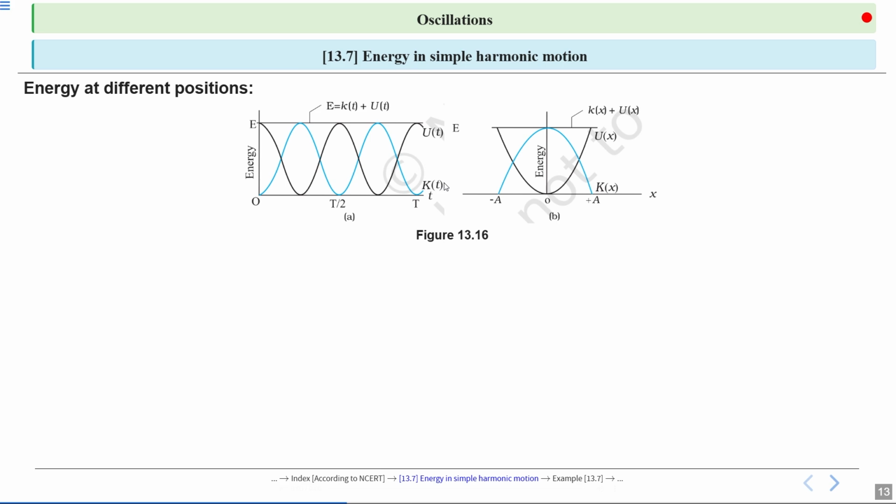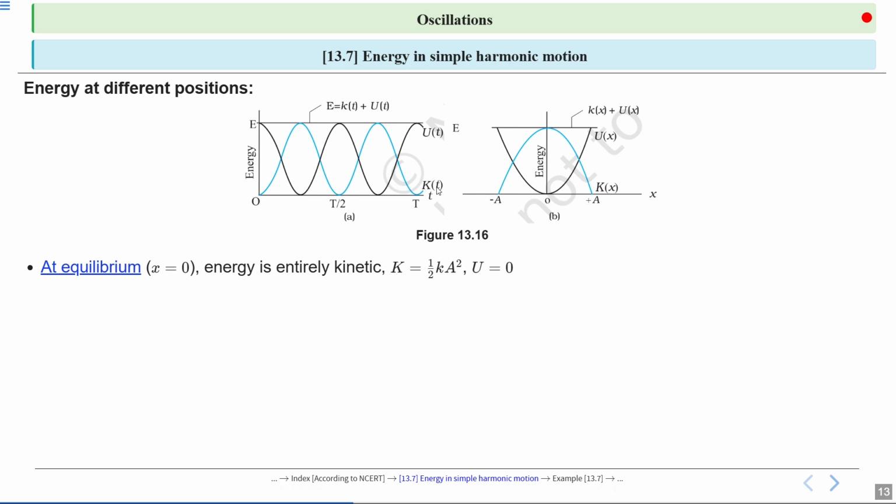Now look at how energy changes at different positions during oscillations. The diagram here shows a mass on a spring moving back and forth. We will focus on how the energy shifts between kinetic energy, which is energy of motion, and potential energy, which is stored in the spring. At the equilibrium position, when x equals 0, all energy is kinetic.